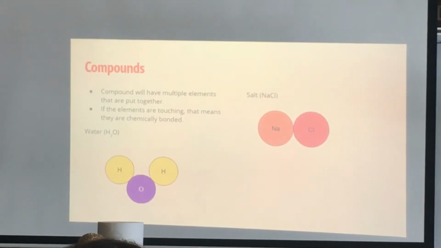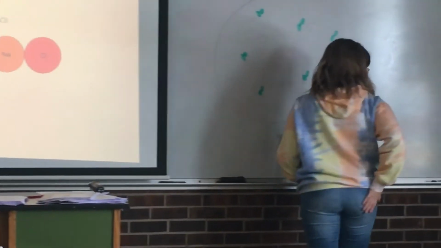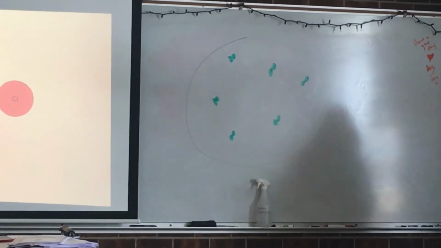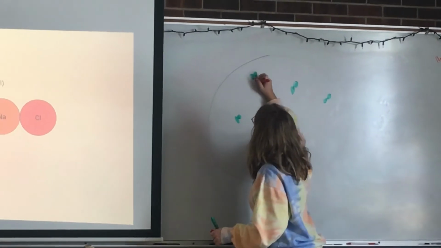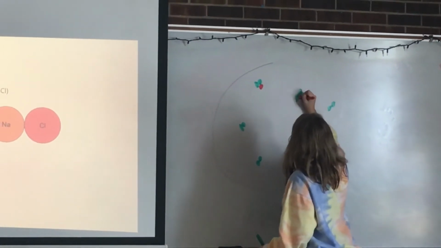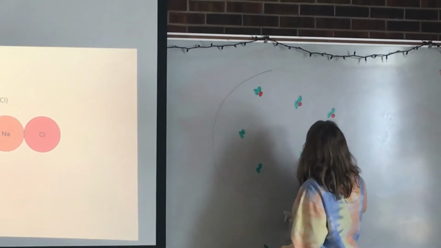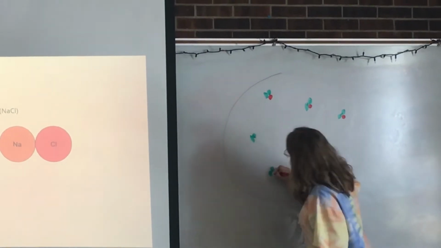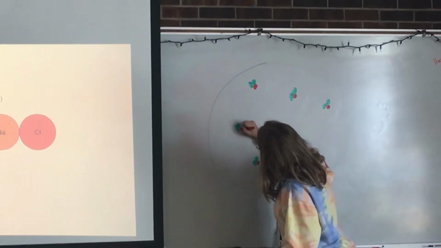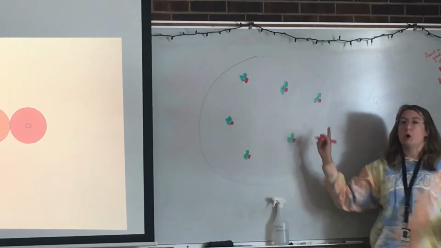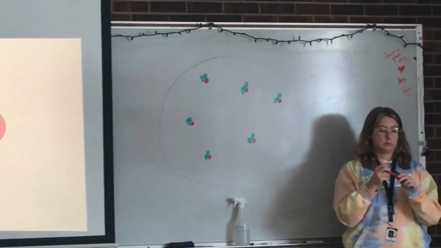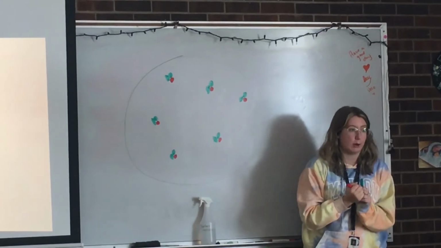So on my diagram up here, if I were to add on a red dot to every single one of these and make multiple compounds of the same compound, okay?